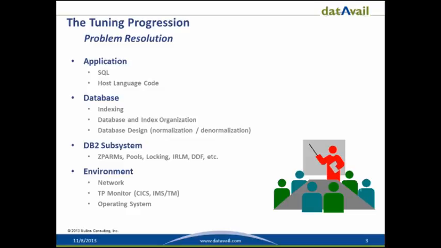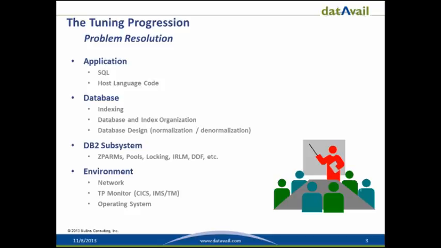If you have that type of an issue, these are the resolution steps you take. Start with the application, move to the database, then to the subsystem, and out to the environment. We start with the application, SQL, and host language code, because that's where most of the problems reside. Then we move to the database if we don't find it in the application. Things like indexing, organization, do we need to run a reorg? Hopefully not a design issue, but possibly that as well.